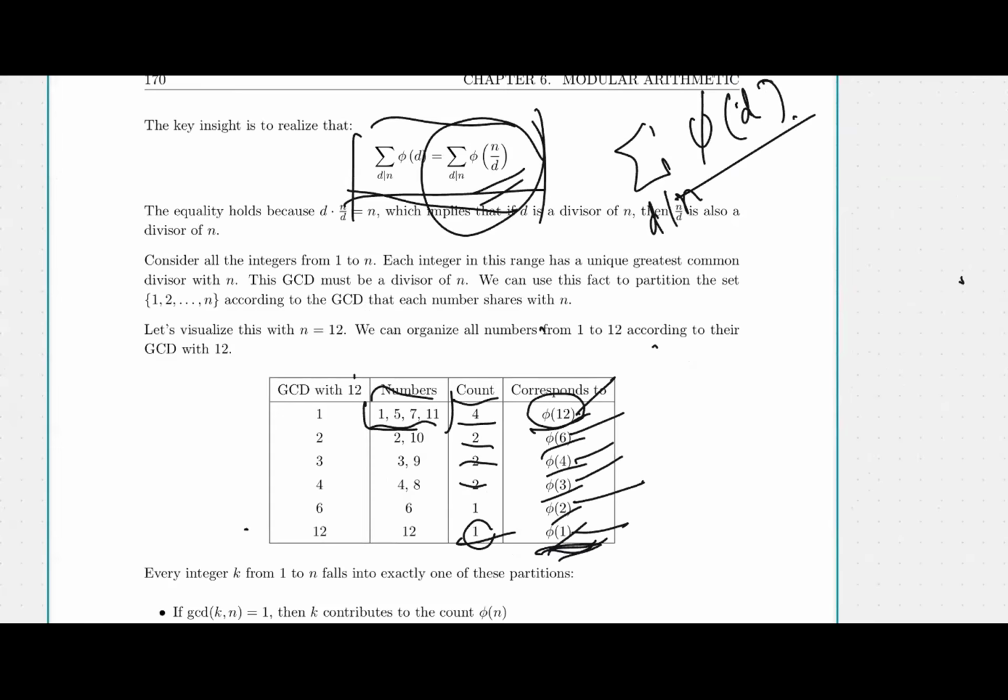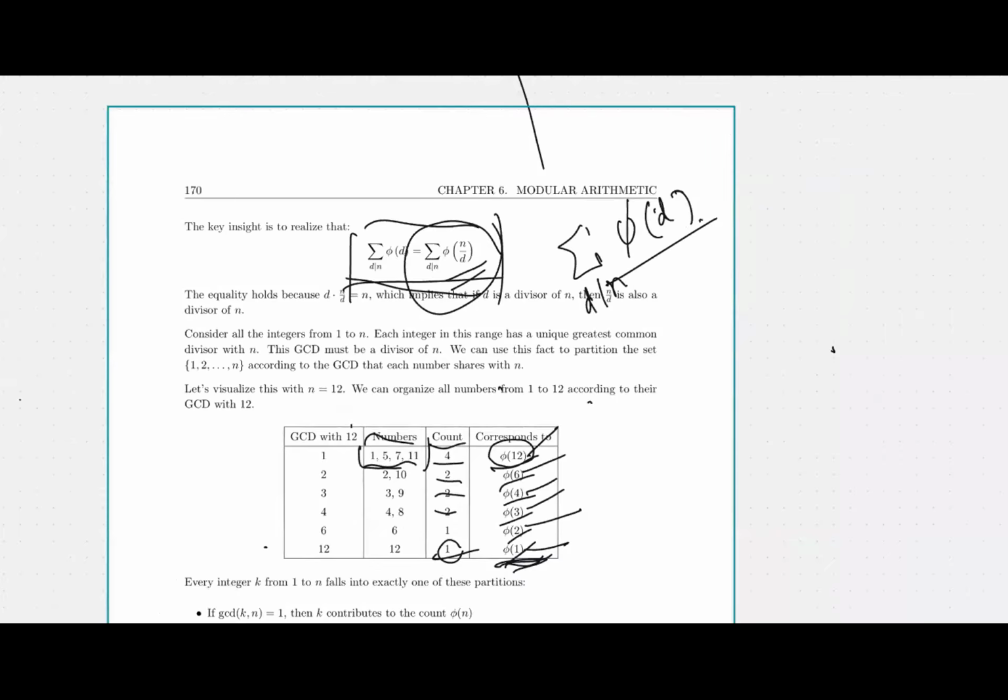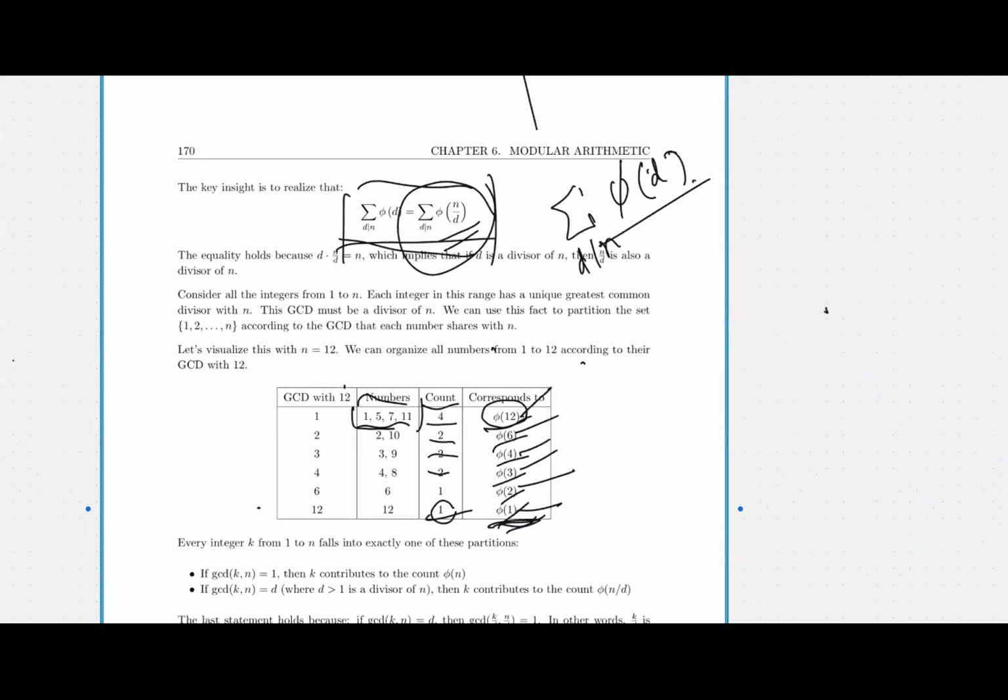Sir, the book you are screen sharing is not changing pages on our screen. It is still on the front page.